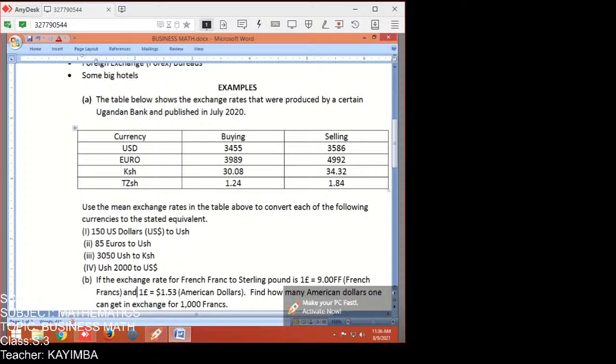I don't know whether you people have finished writing this, but you can start by writing the example only. You can take a screenshot of that and write after.